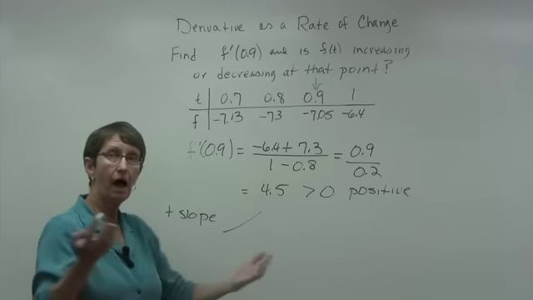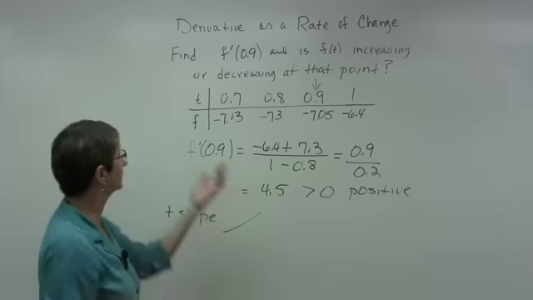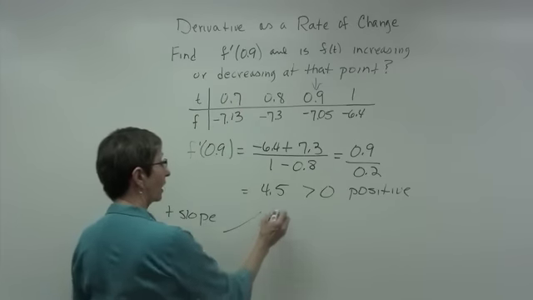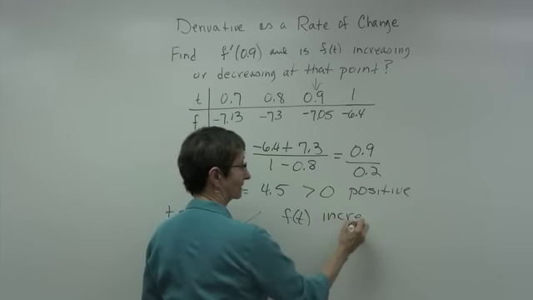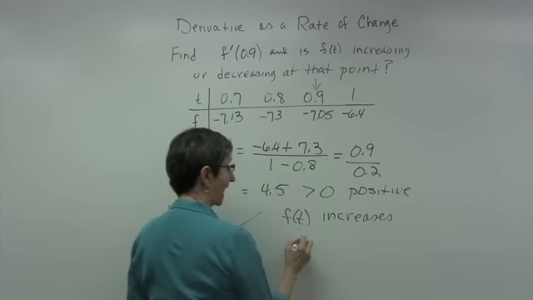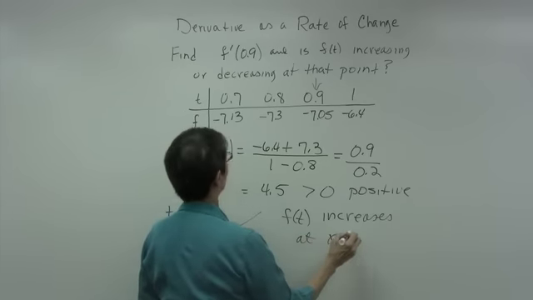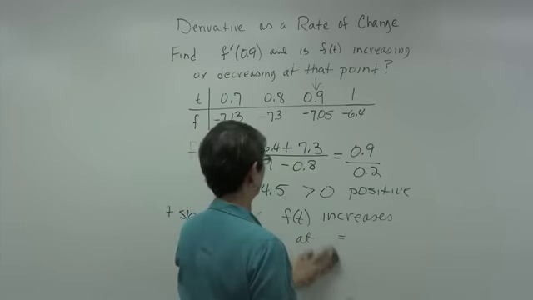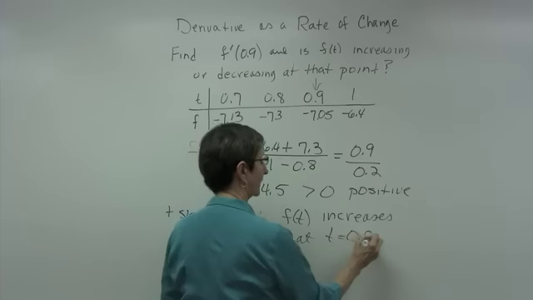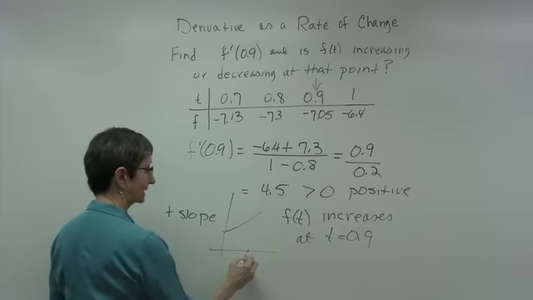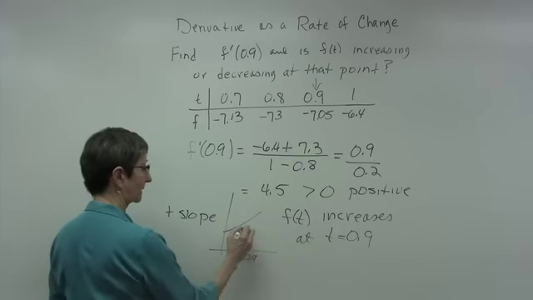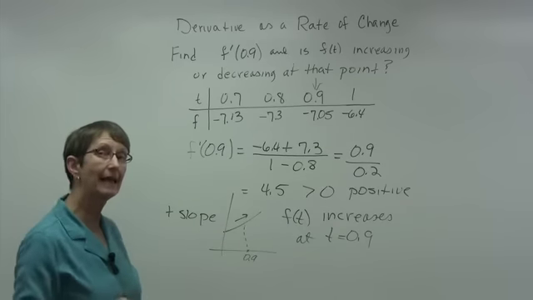It increases. That's the answer to our question. So f of t increases at t equal to 0.9. So somewhere, wherever 0.9 is, my function is increasing at that point.